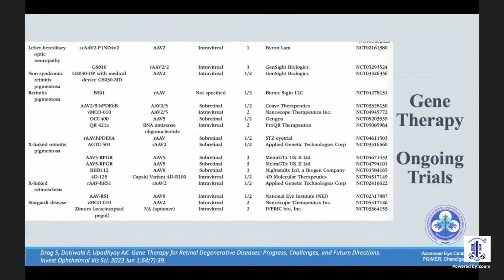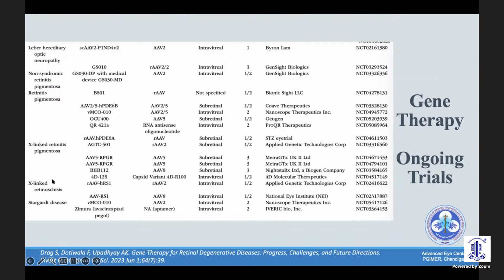Along with that, you have therapies for retinitis pigmentosa, both syndromic and non-syndromic, as well as X-linked retinitis pigmentosa, which are again in phase 3 and in an advanced stage of testing, where you are trying to see the efficacy of the vectors rather than their safety. For X-linked retinoschisis, there are therapies being developed to prevent progression. So this is something that you should know about.